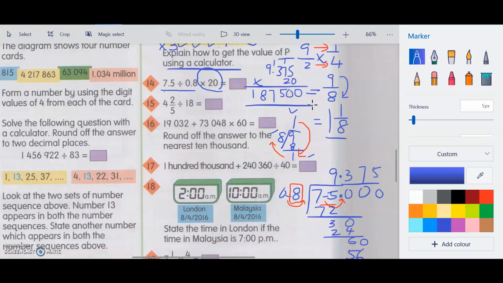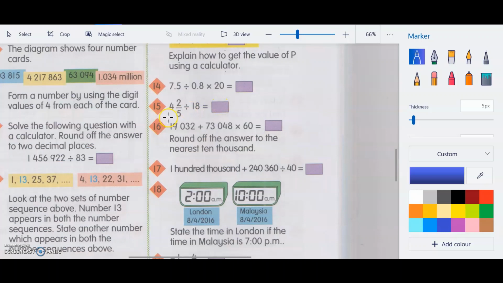And then remember your decimal point. 1 number, 2 numbers, 3 numbers, point. So the final answer is 187.5. You don't have to write the zeros behind, just 187.5.